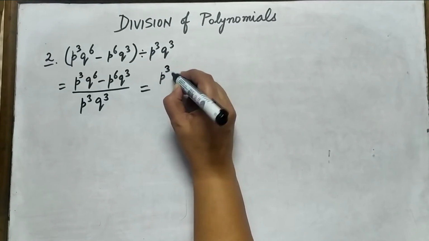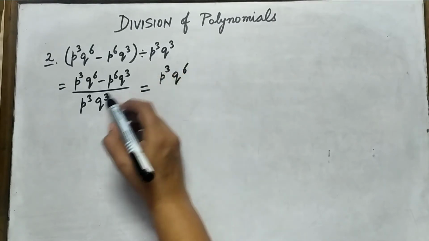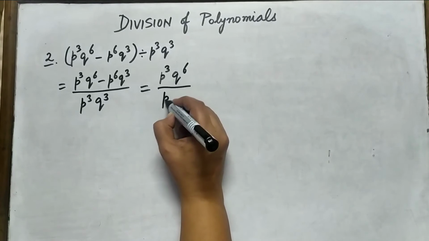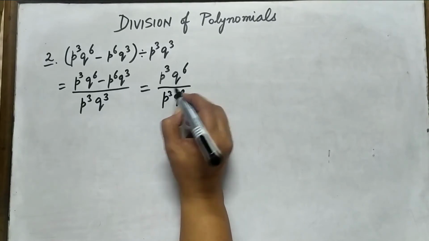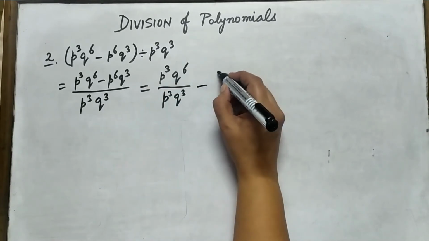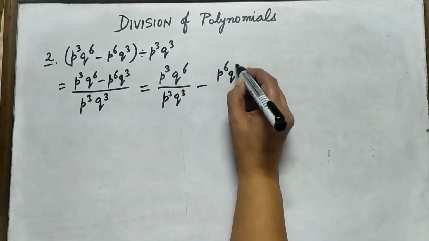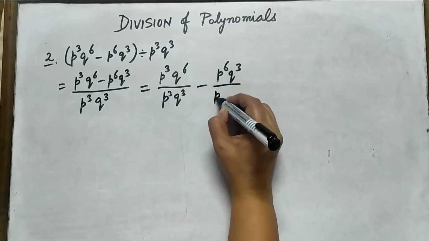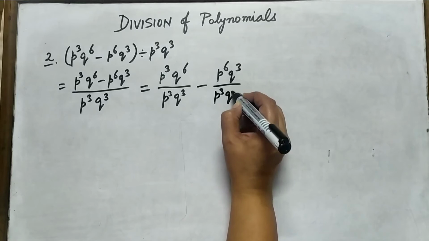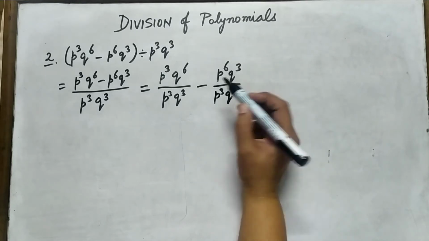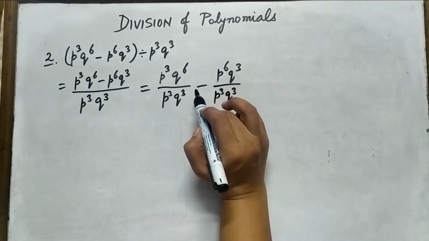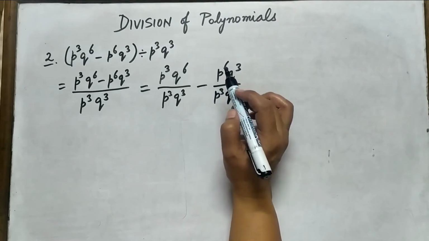It is p cube q6 over the denominator p cube q cube, minus p6 q cube divided by p cube q cube. Now the terms are split and we can divide them separately.